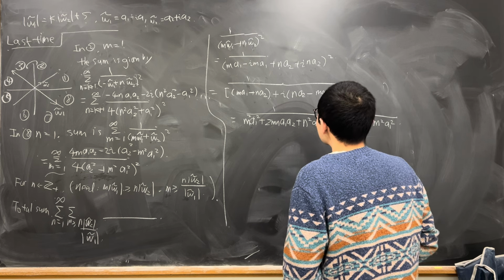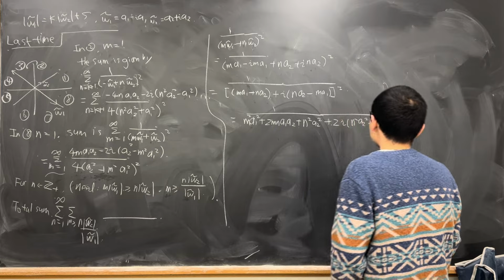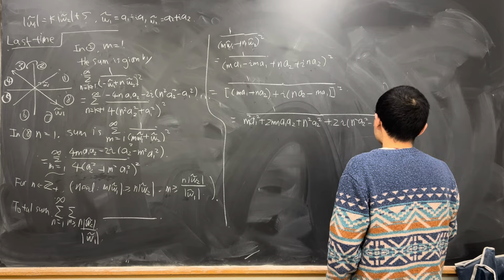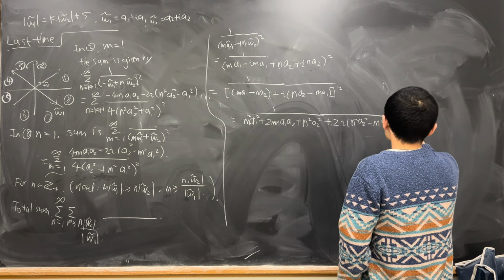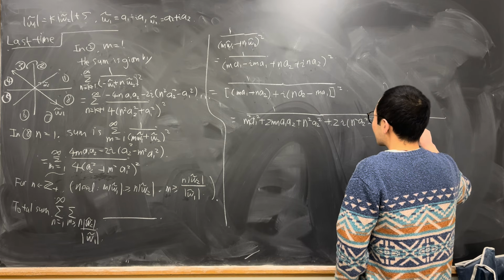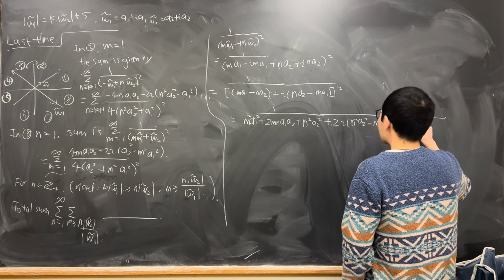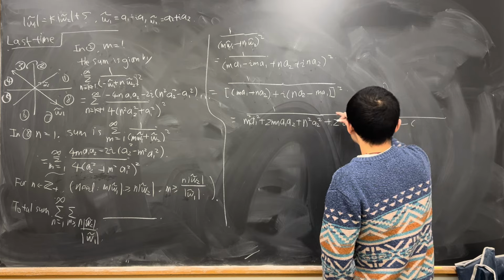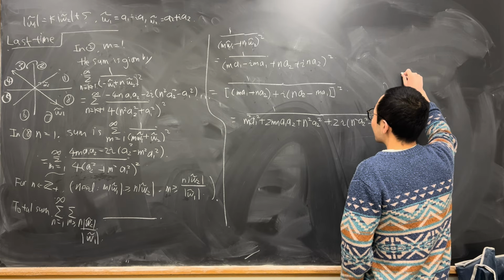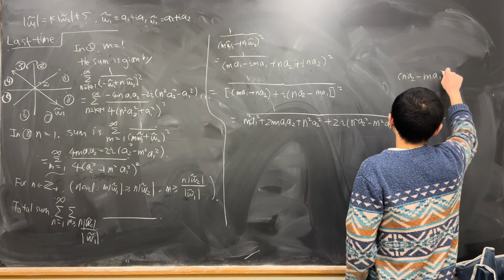Okay. And then the next term is minus this one squared, right? So I have an A2 minus an A1 squared.